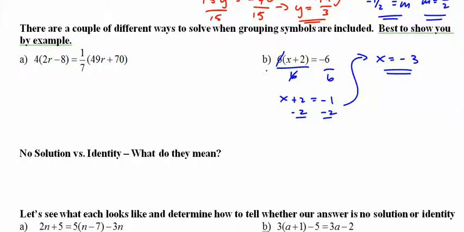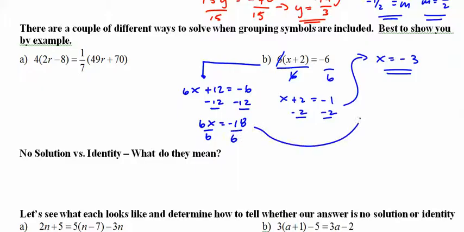Or we could have done this, which a lot of people like doing. Distribute away the parentheses and then solve it like a normal two-step equation. It works either way. I like working with the parentheses.